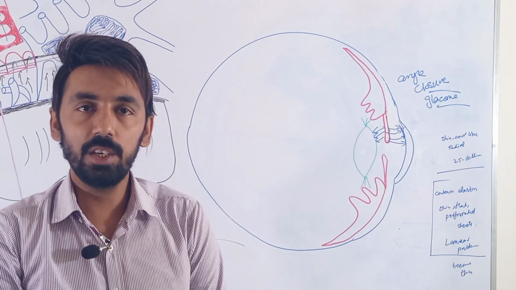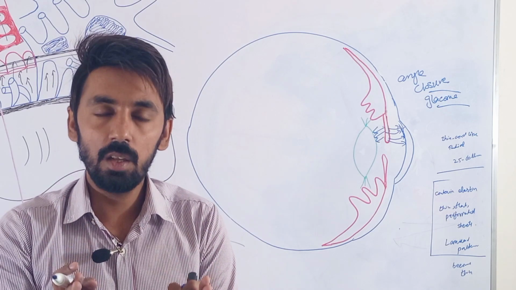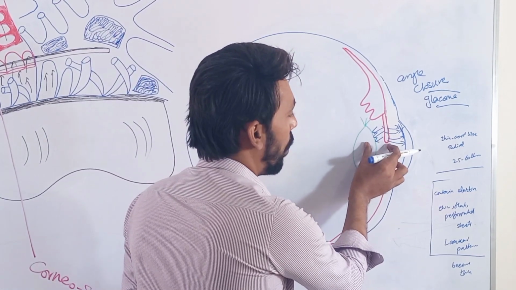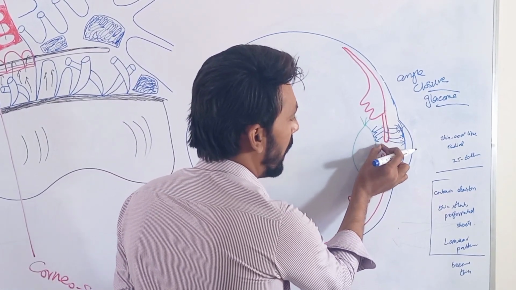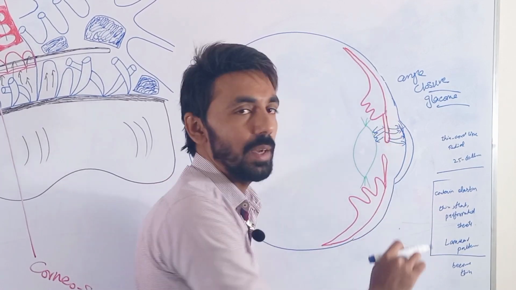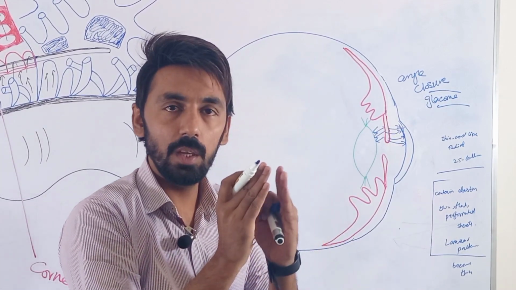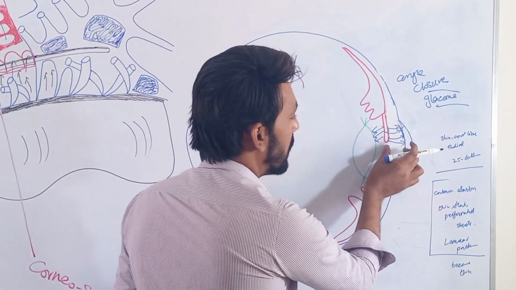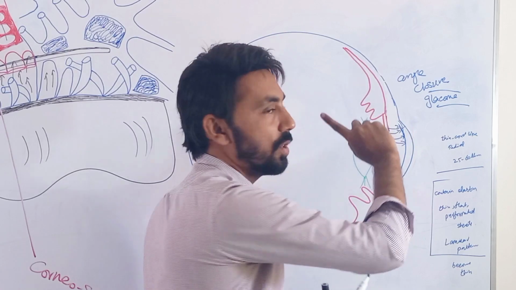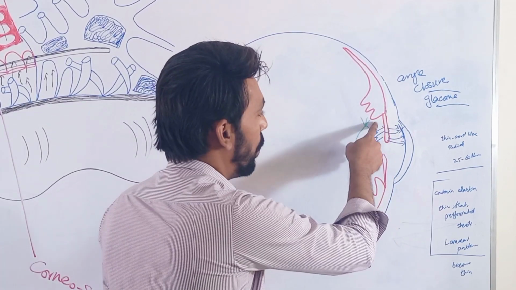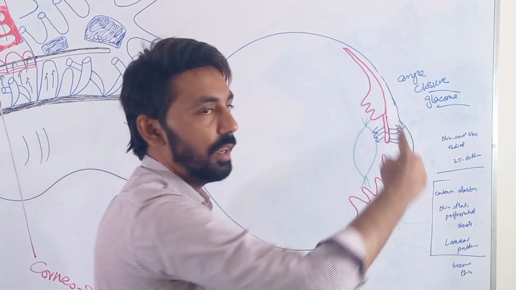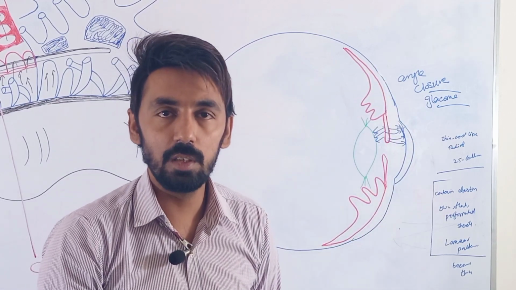So in both of these conditions, the angle would be closed. Suppose the iris and the lens stick together, the production of the aqueous humor will be compromised, and the angle would be closed. And if the iris and the cornea come together, then the drainage would be impossible. So here the production will be disturbed, and with anterior synechiae, the drainage would be disturbed.